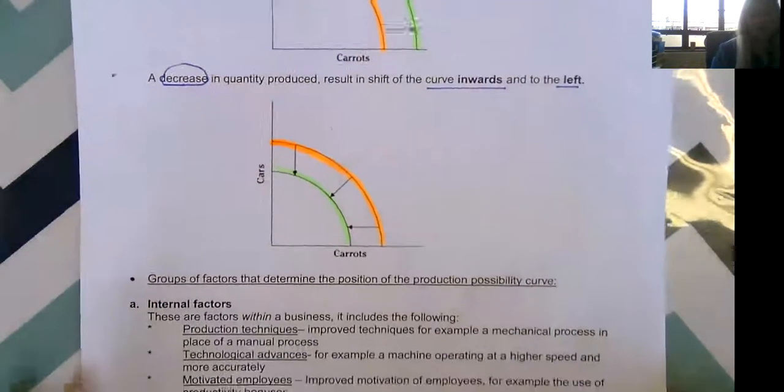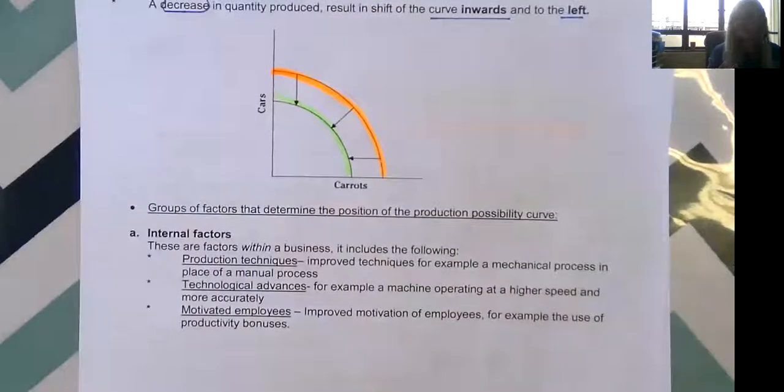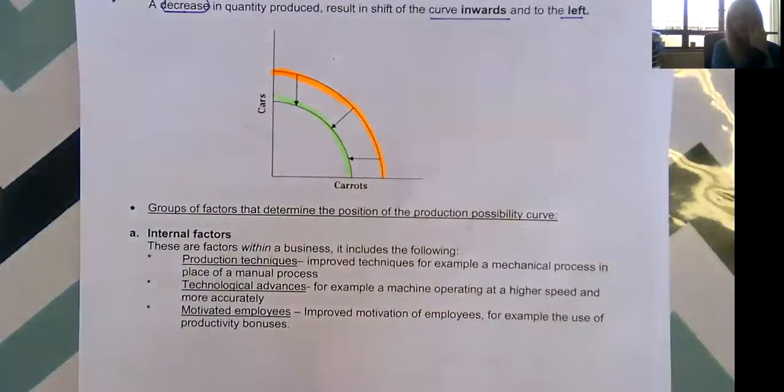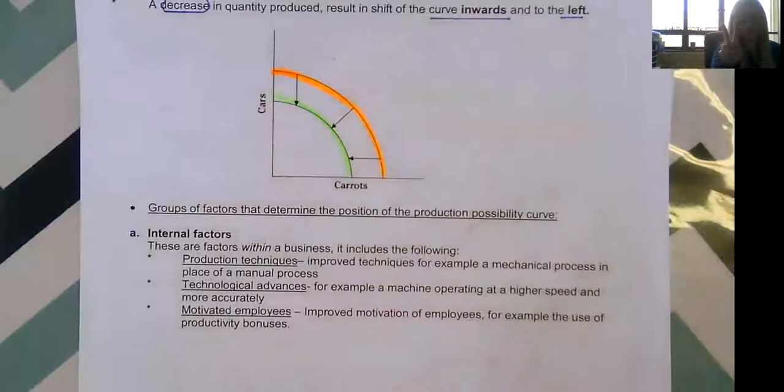Okay. So now there's certain reasons why there is either an increase to the right or a decrease to the left. Now we're going to look at some of the reasons. First of all, it's divided into two. It's divided into internal factors, so everything that you control inside your factory, and external reasons, everything that's outside your factory.